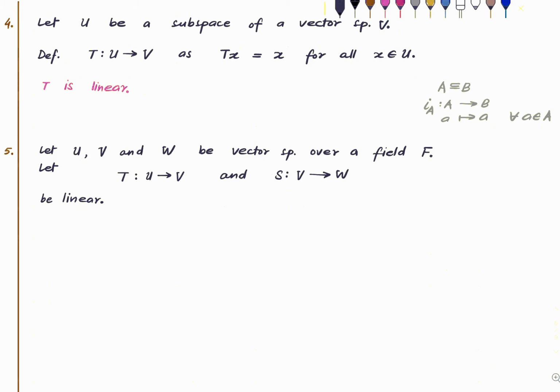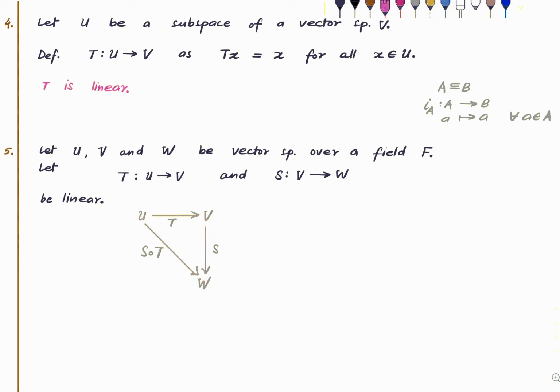There is this notion of composition. So first you apply T, then you apply S. So this map is called the composition of S and T and denoted that way. You start with U, you hit it with T, and then hit that with S. That composite operation is denoted this way.